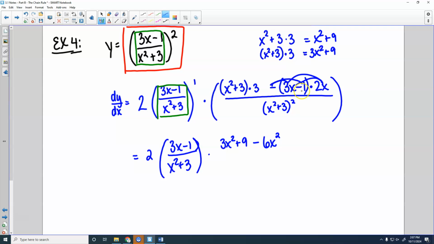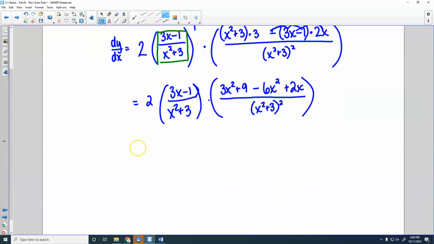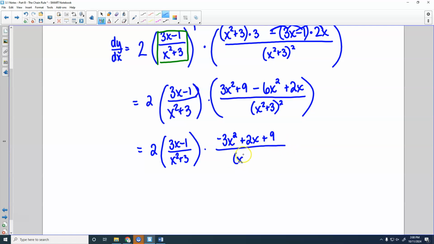And then you get negative 2x, but it needs to be a positive 2x because of that negative that gets distributed. We got (x squared plus 3) squared. And that is going to be negative 3x squared plus 2x plus 9 over (x squared plus 3) squared.